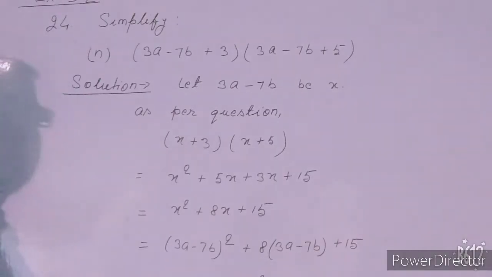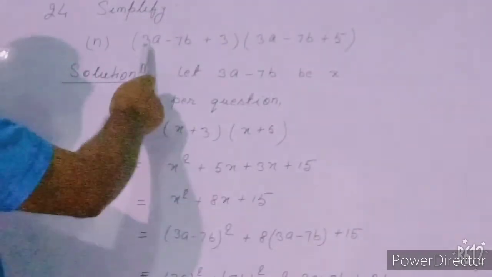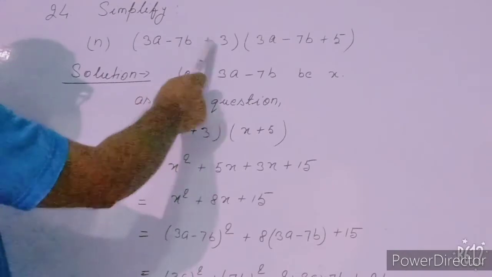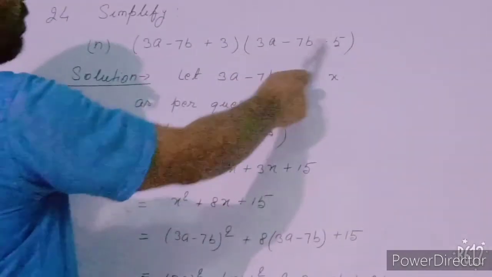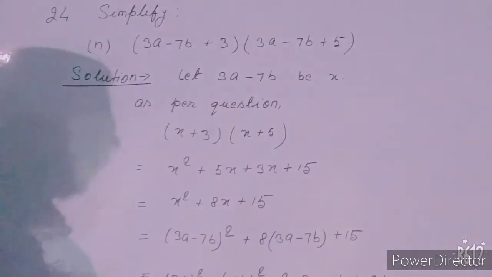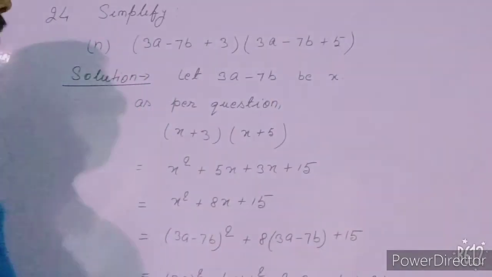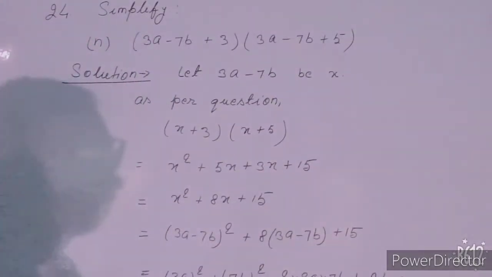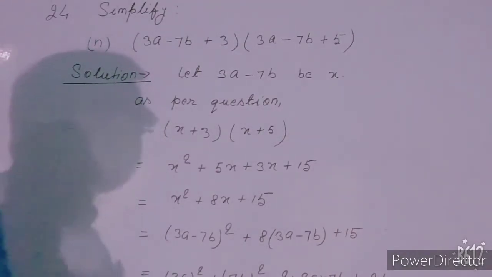Question number 24N, a little different type of question: (3a - 7b + 3)(3a - 7b + 5). In the above question, what have you seen? That these two terms were the same, so we were able to apply the formula (a + b)(a - b) = a² - b².